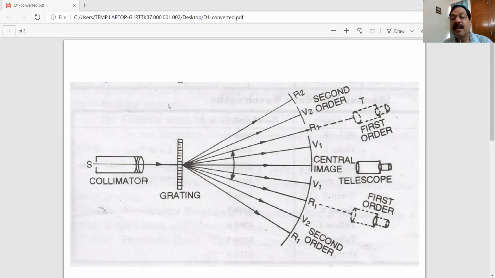Now turn the telescope. Here is the telescope. Now turn the telescope exactly by 90 degrees in Vernier and mount the grating on the prism table. Turn the prism table to see the reflected image from the grating.